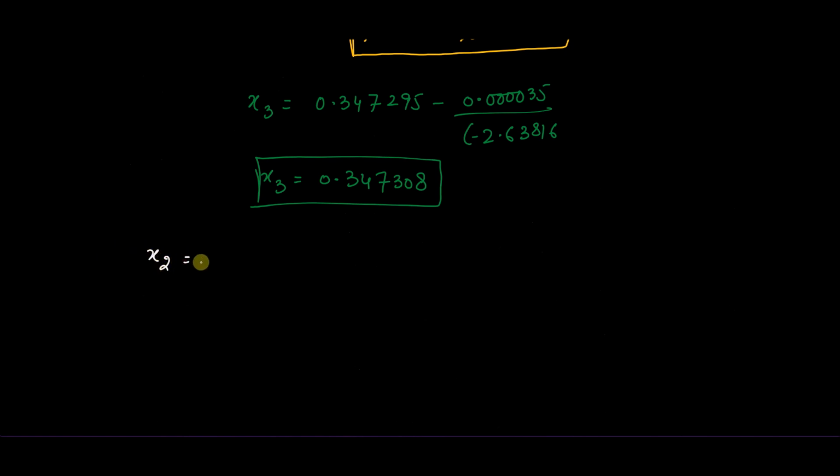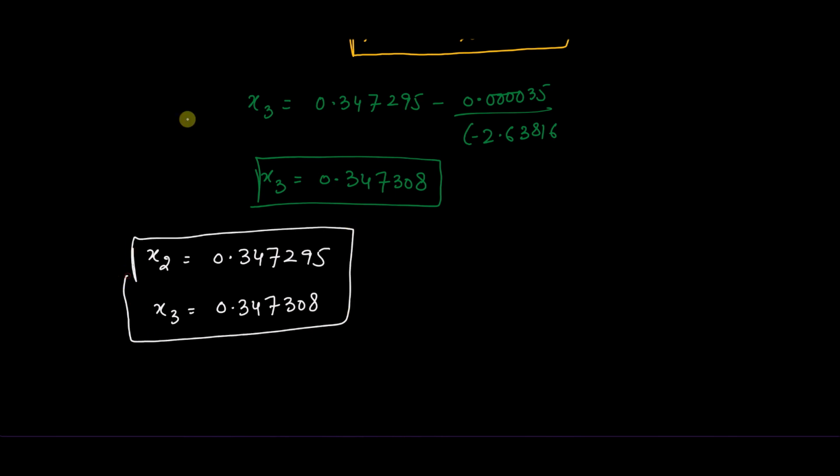Now we are going to compare the answers of the second iteration and the third iteration. The second iteration is 0.347295 and the third is 0.347308. If we compare both of these results, we achieve an accuracy to 3 decimal places because till 3 decimal places our answers start repeating.